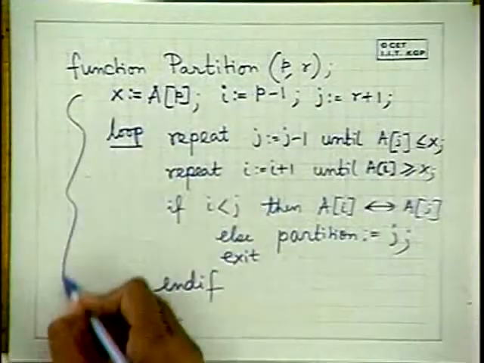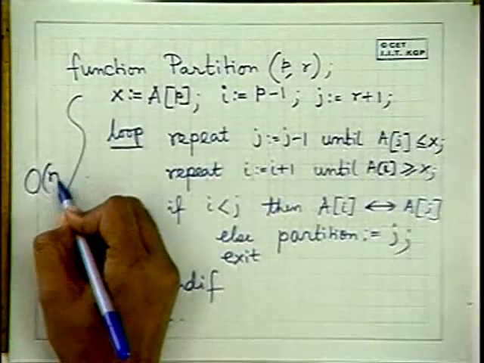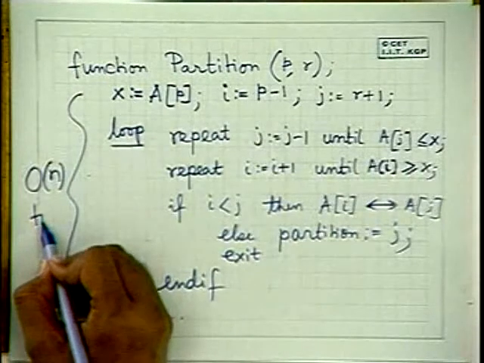Even if we are very pessimistic, J can move the entire length of the array, which is n. I can also move the entire length of the array, but that will not happen. Actually, it will be less than that. Even if we are pessimistic, it is at most 2n, which is order of n. So the entire partition routine is order n time.